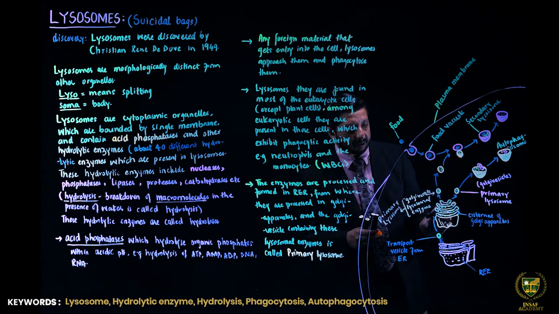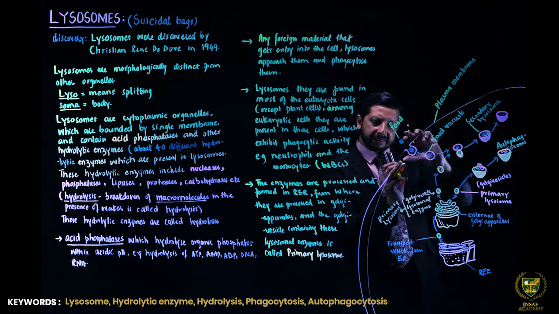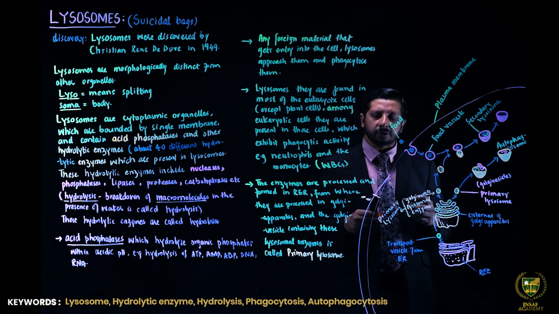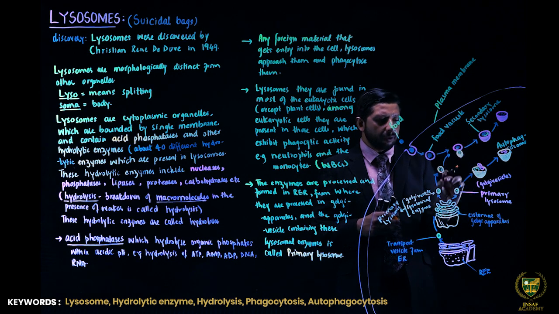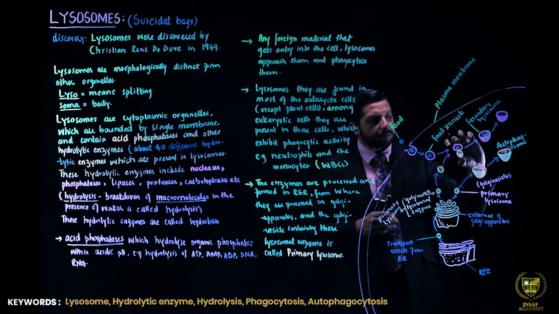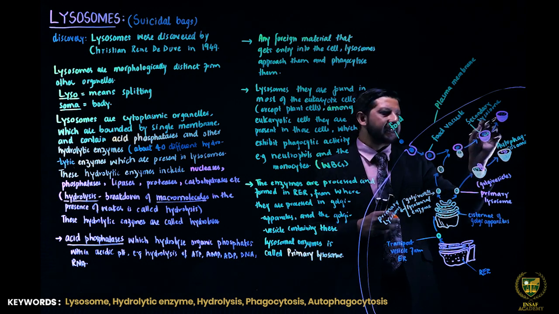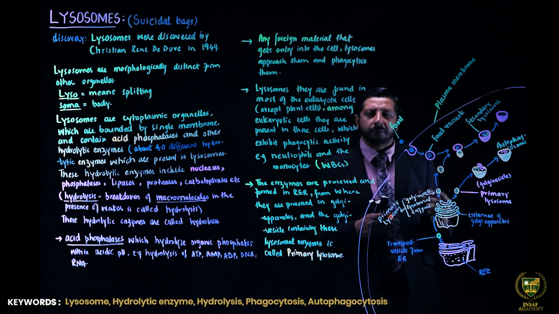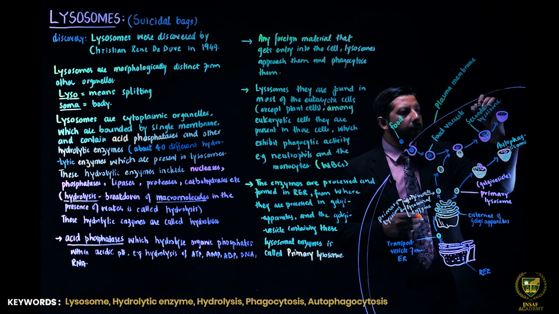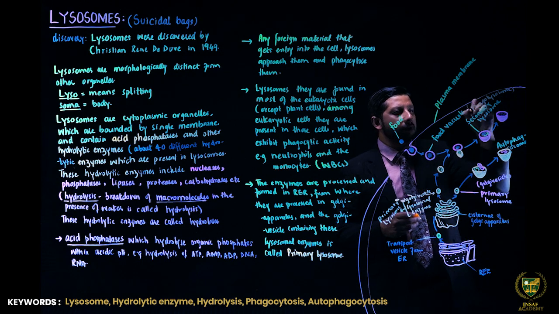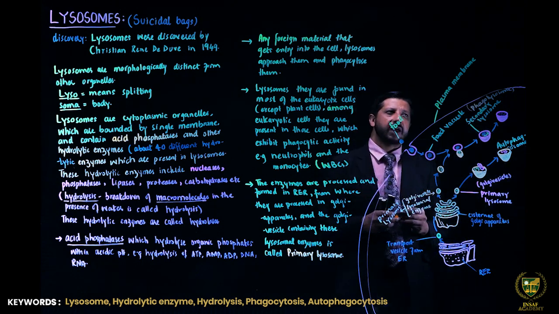Clear? और उसके बाद जैसे ही फूड एंटर हुआ, फूड हो सकता है, कोई जर्म्स हो सकते हैं, कोई बैक्टीरिया हो सकता है, कोई वायरस हो सकता है, एनीथिंग. जैसे ही ये सॉलिड पार्टिकल्स एंटर होंगे इन द फॉर्म ऑफ फूड वैक्यूल, द प्राइमरी लाइसोसोम्स दे अप्रोच देम एंड बिकम अटैच्ड टू देम एंड बिकम फ्यूज्ड. जैसे ही ये फ्यूज हो जाएंगे, नाउ दे आर कॉल्ड एज सेकेंडरी लाइसोसोम्स और दे आर ऑल्सो कॉल्ड एज phagolysosome. Clear? Secondary lysosomes or they are also called as phagolysosomes.